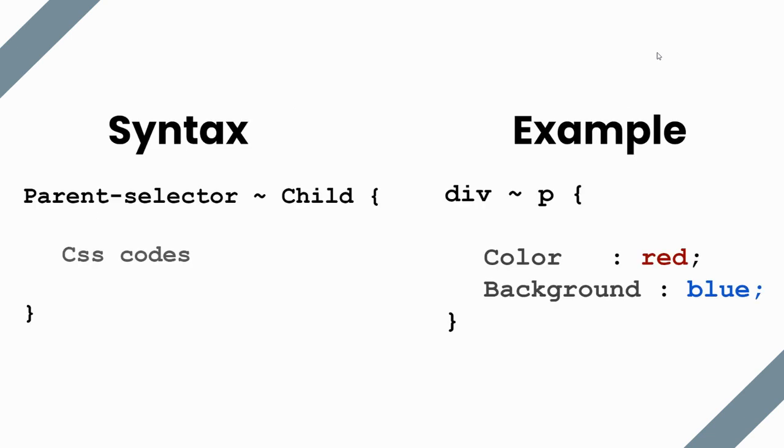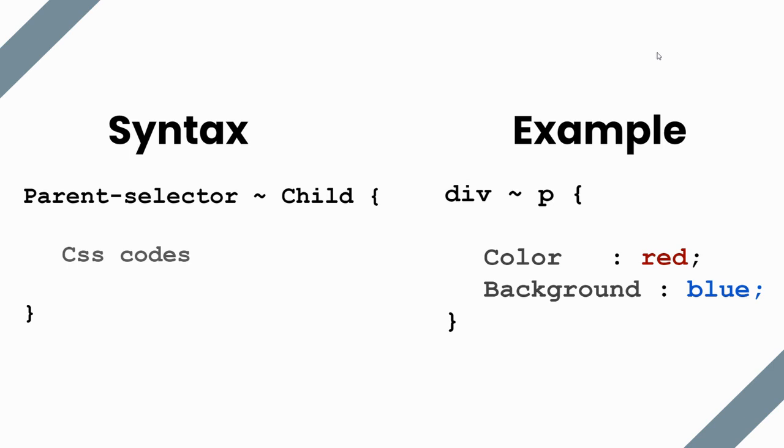So here we have the syntax for the general sibling selector. All the selectors basically have similar syntax. The only difference here is just the combinator, which you can see here to be the tilde combinator. And in the example, we have the div, which is the parent selector, and also the p tag, which is the child selector here.